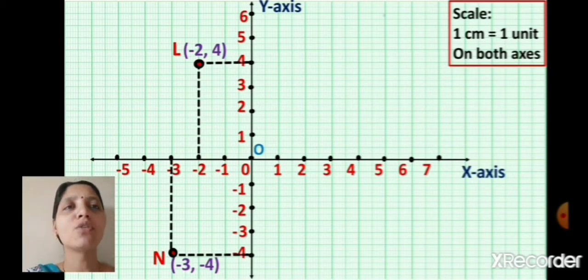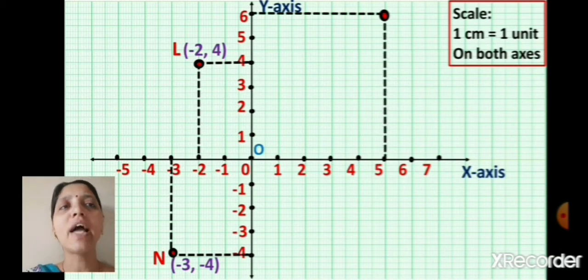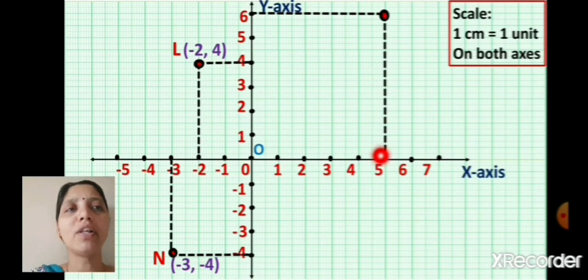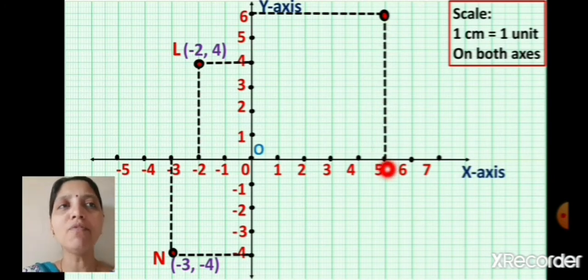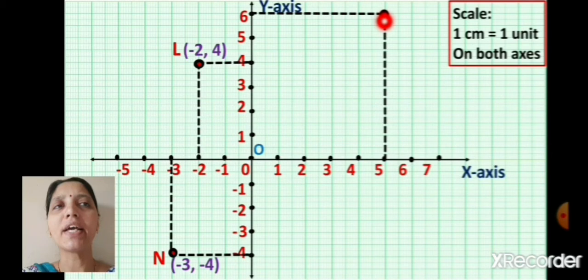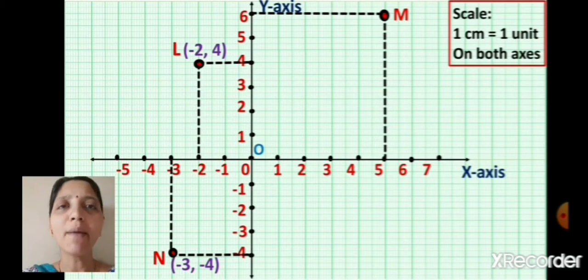Okay. So the third point will be 5 and 6. So here I have drawn a perpendicular on the x-axis from point 5 and then on the y-axis from point 6. So the point of intersection will be your point M whose coordinates are 5 and 6.